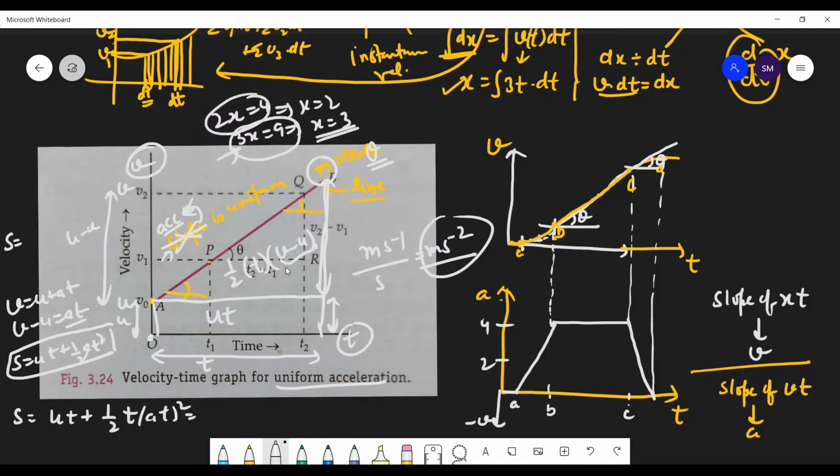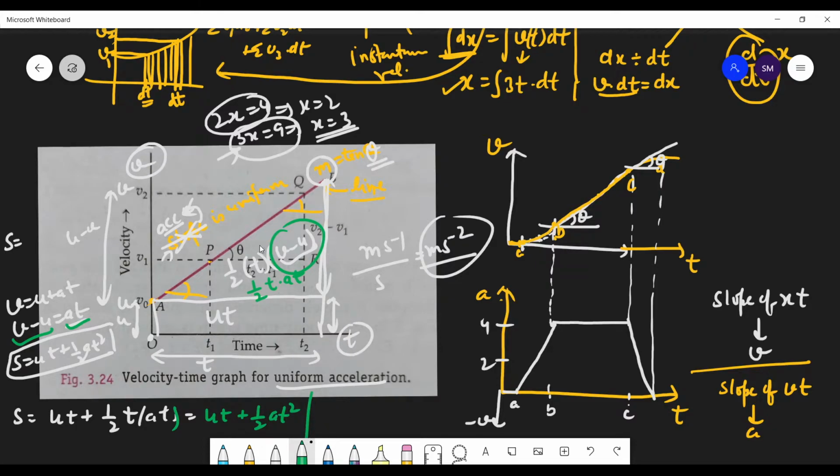I want to remove v, so simply putting the value of v here. So this is actually half into t into at, right? So that's ut plus half at square.